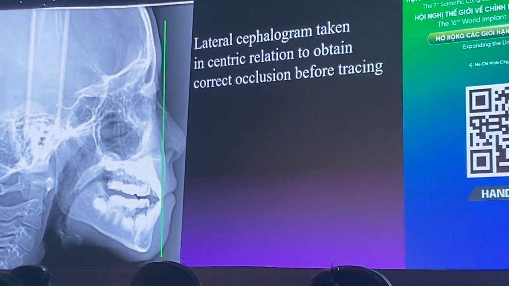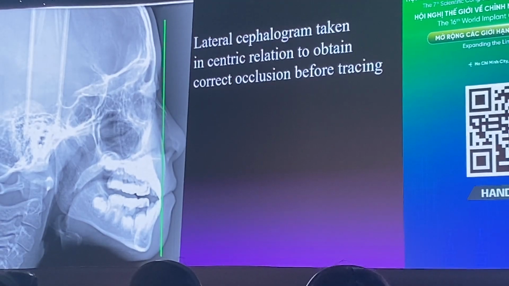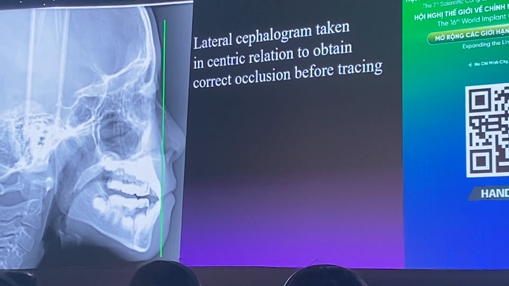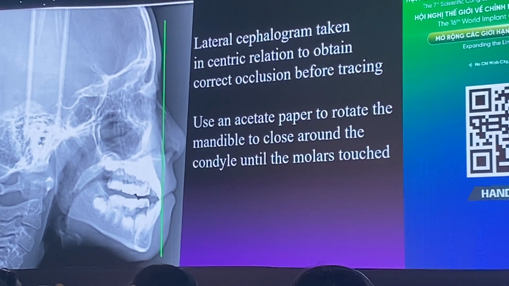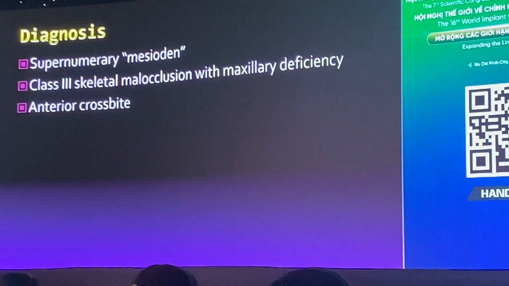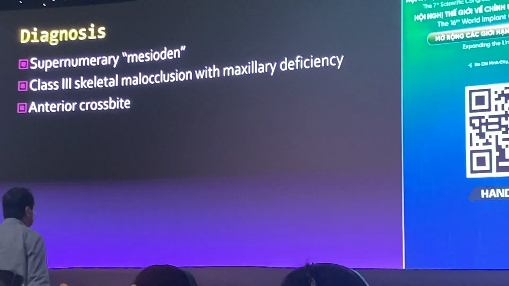Now, when you take a lateral ceph and the patient has a significant CO-CR discrepancy, do not take it in centric occlusion because it's a false reading, because the mandible is protruded forward and upward. So you need to take it end to end, and then use an X-ray CT paper to rotate your mandible upward. Then you can do the measurement, all right? So here is the diagnosis.